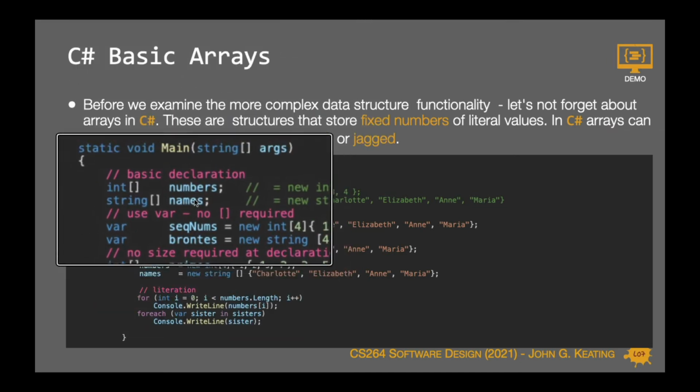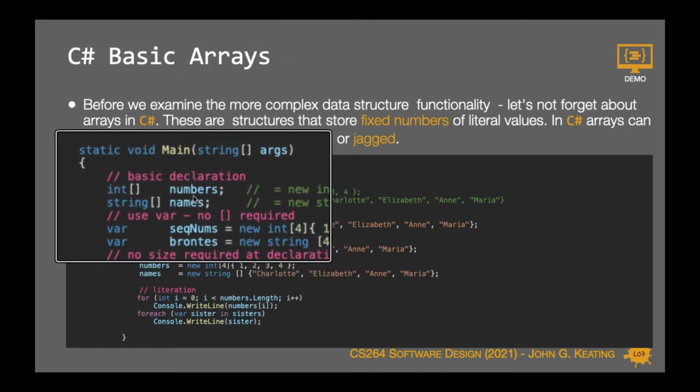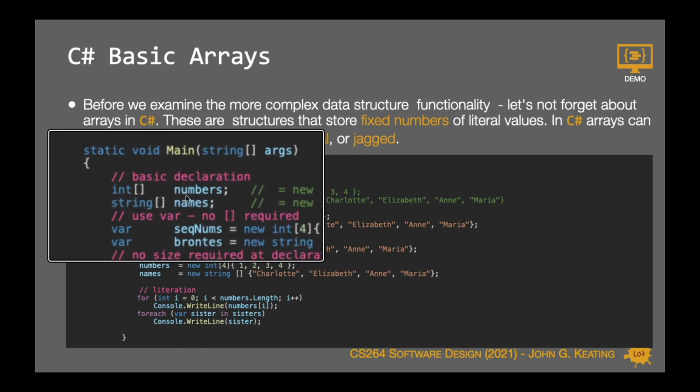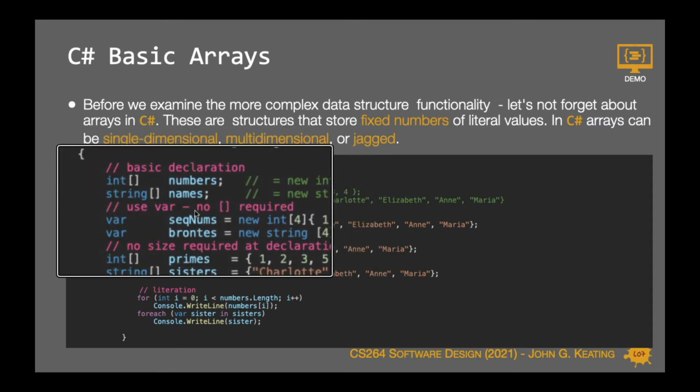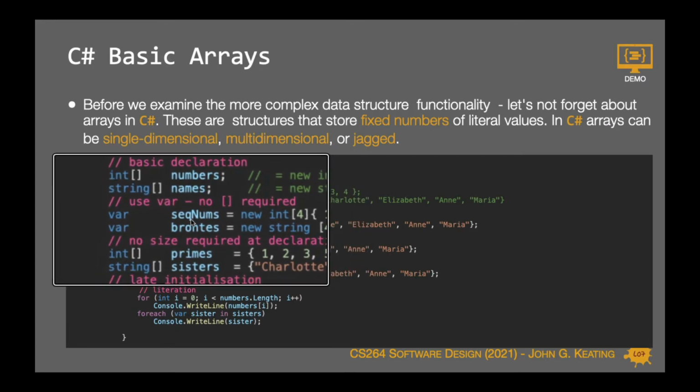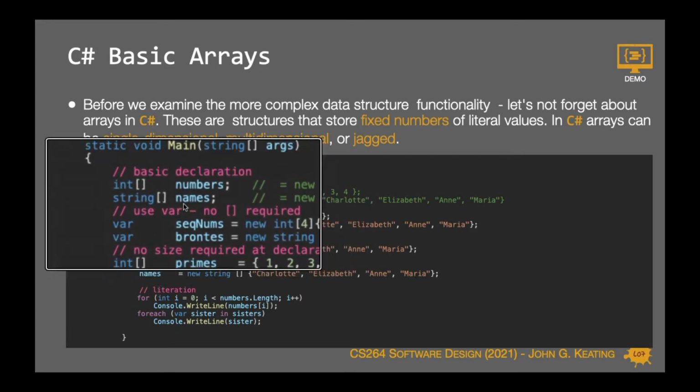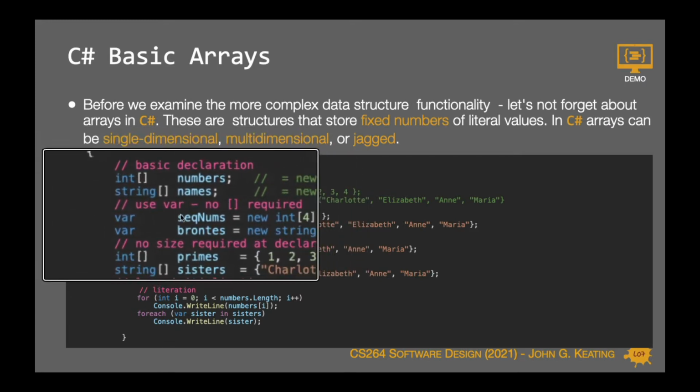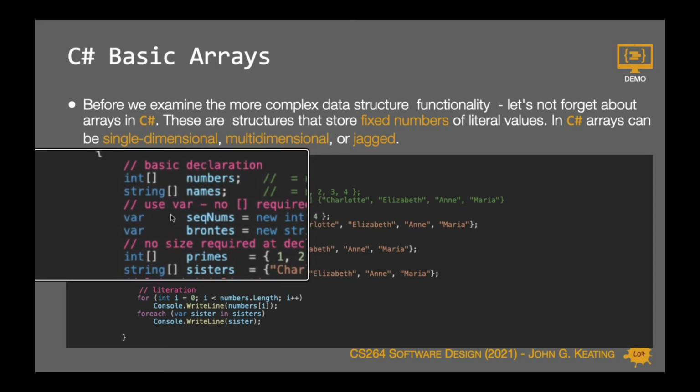You can see that we can create a basic array, which is using the square brackets. We can create numbers or strings, and we can also use var instead of int. So we can actually define the type later if we use var. Okay, we're just creating an instance of a variable, and the type will be automatically decided by the compiler for us.